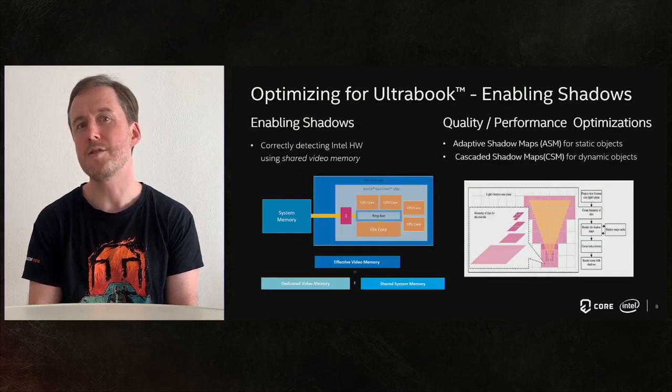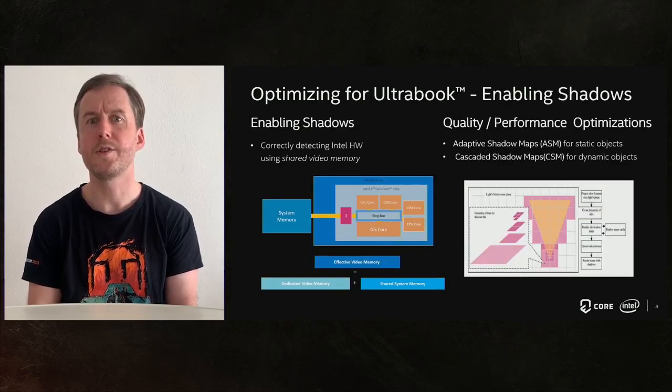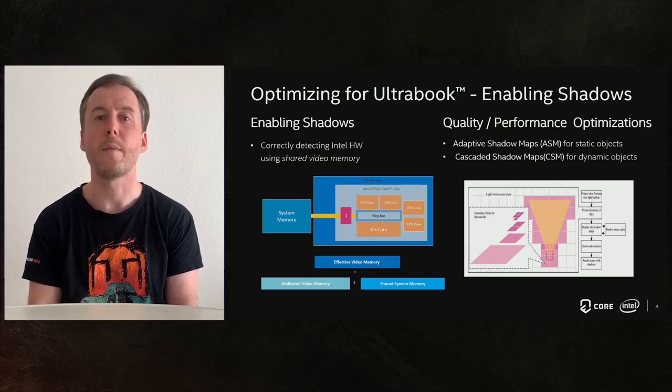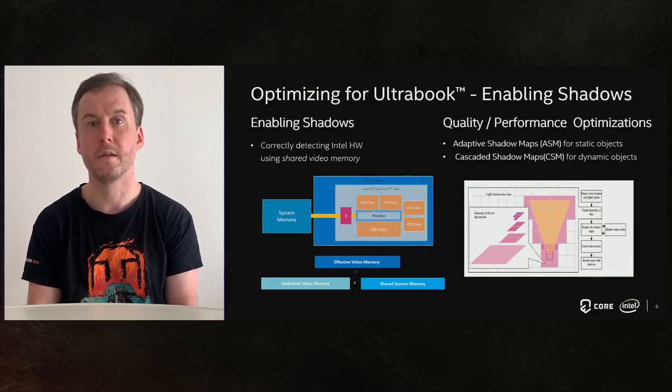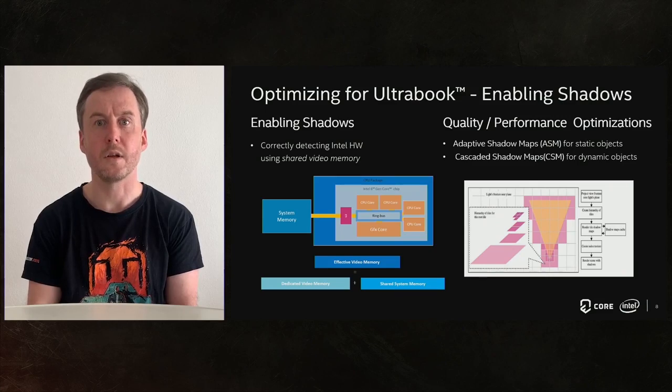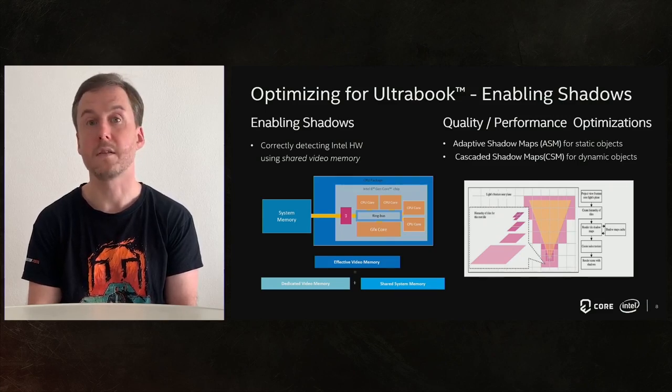One of the major optimizations for shadows was separating the shadow mapping algorithm used in the game for static and dynamic objects. For static objects like terrain or buildings, adaptive shadow mapping was used, where an array of shadow map tiles can be updated on demand.